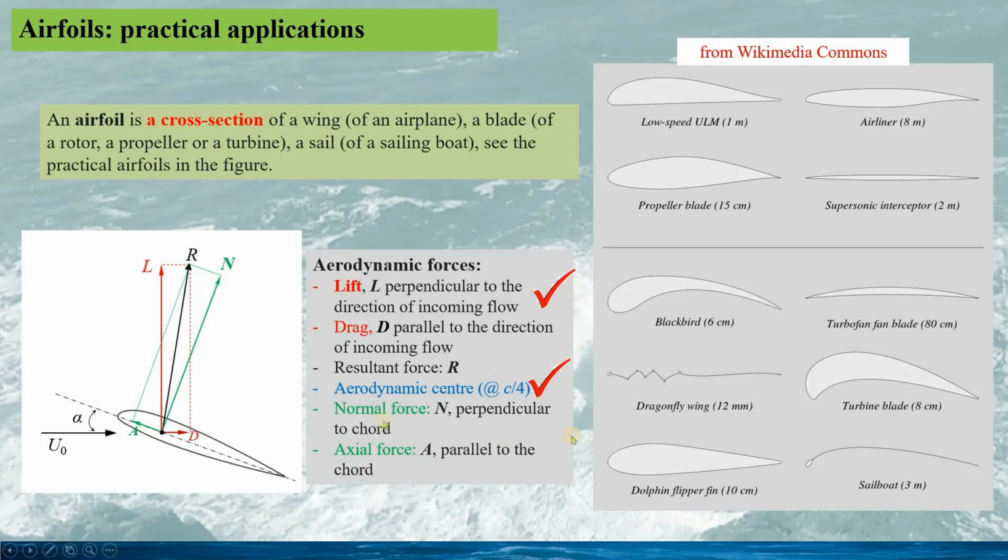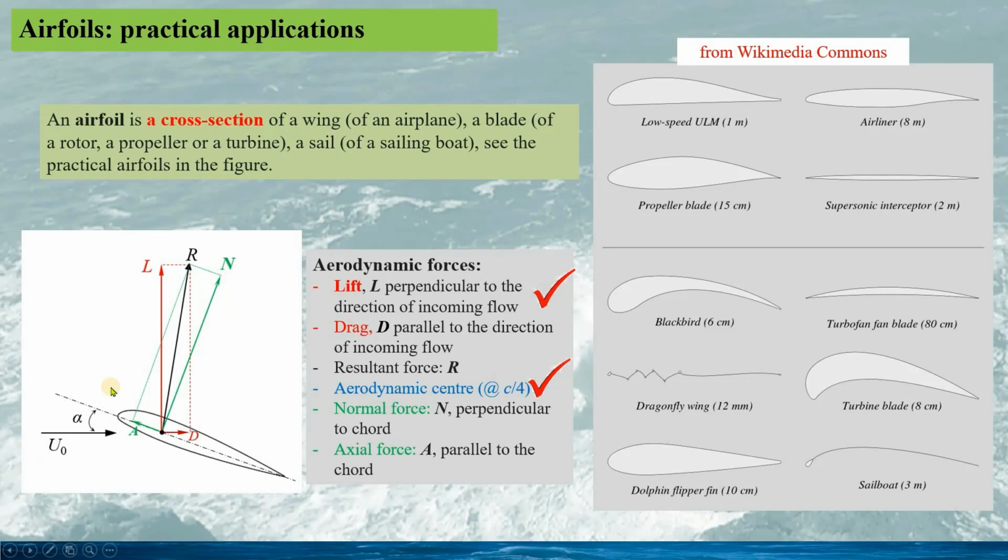We also consider the aerodynamic force as the normal force, N here, which is the force perpendicular to the chord of the airfoil, and the axial force, A, which is parallel to the chord. In this case, we can see this axial force could push the airfoil moving forward in the direction of the airfoil chord.